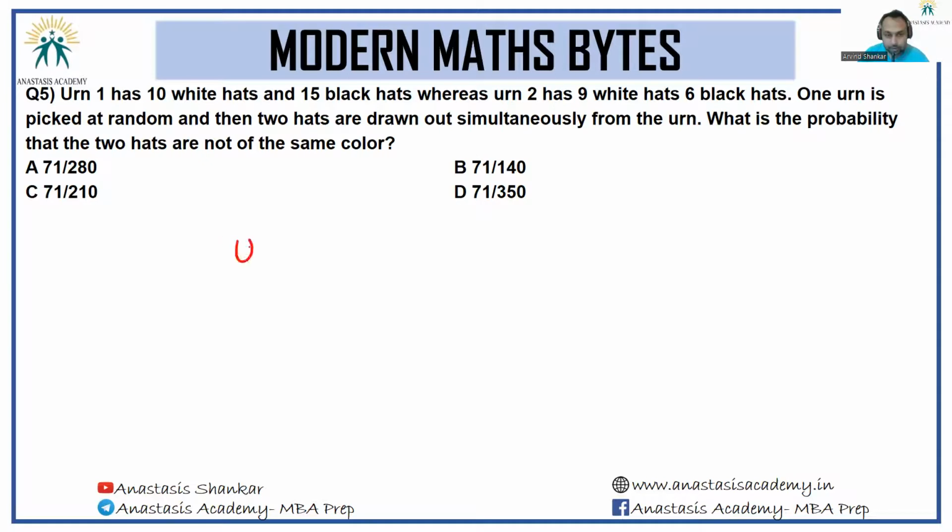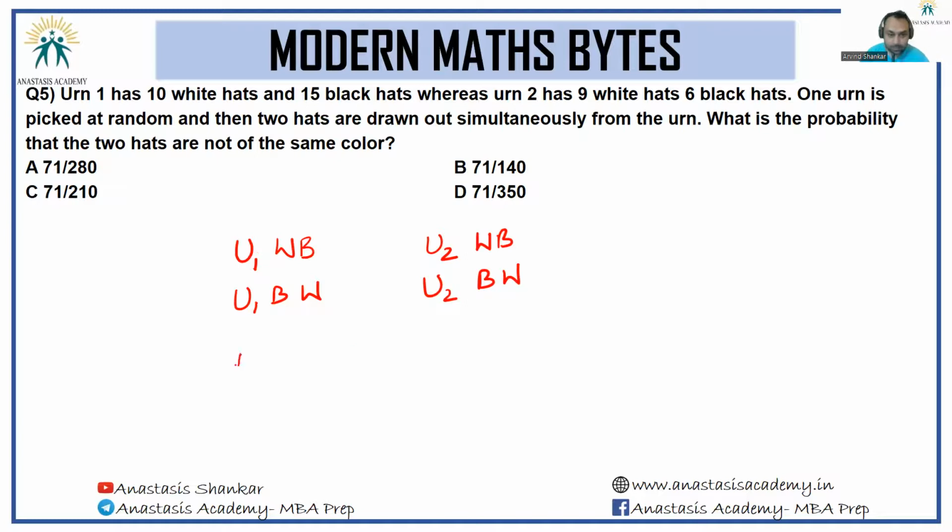So, probability of picking urn 1, then you get white or black. And another case would be urn 1, black or white. Another case would be urn 2, white or black. Urn 2, black and white. These are the 4 acceptable cases that we need.